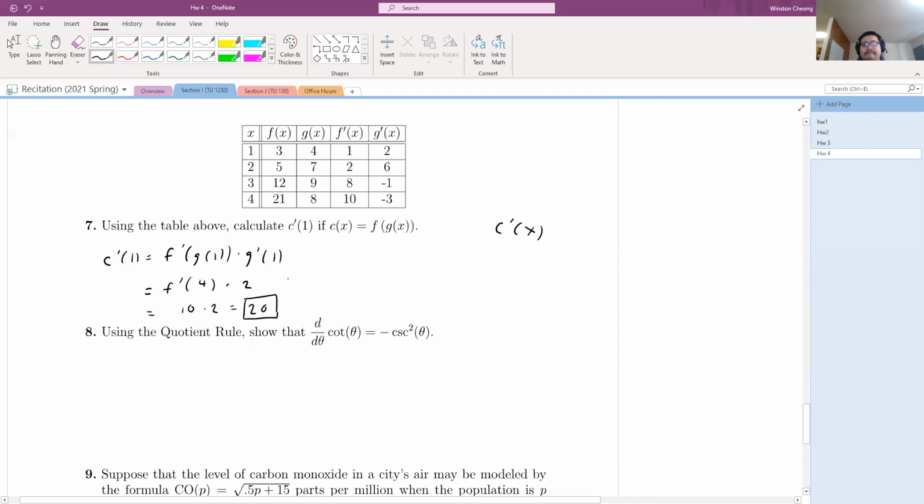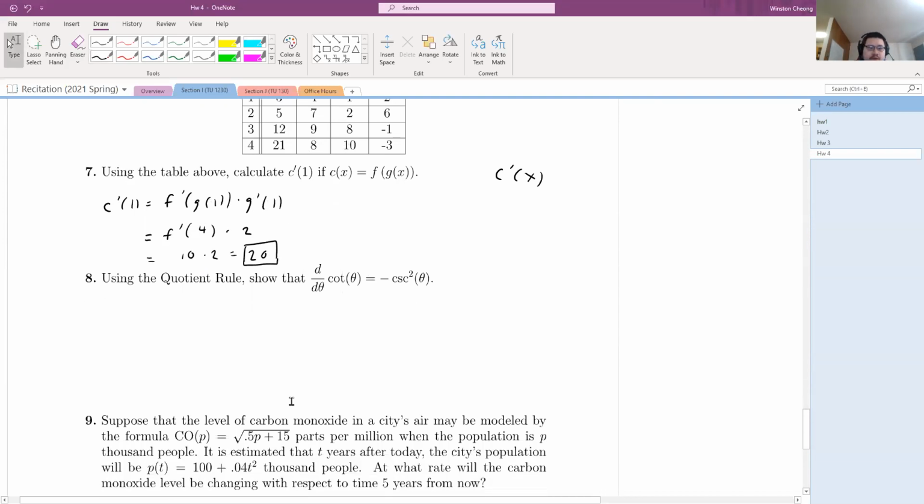Okay. Number 8 is just asking us to verify this identity. Hopefully you had thought about this before coming here and you at least gave it a try. The approach to doing this is pretty much the same thing as how he shows the rule for tangent.